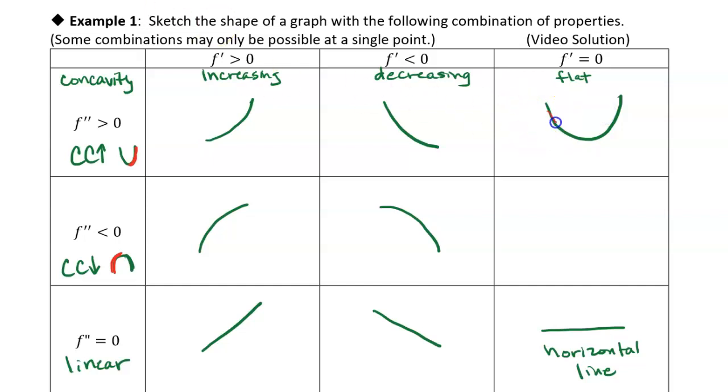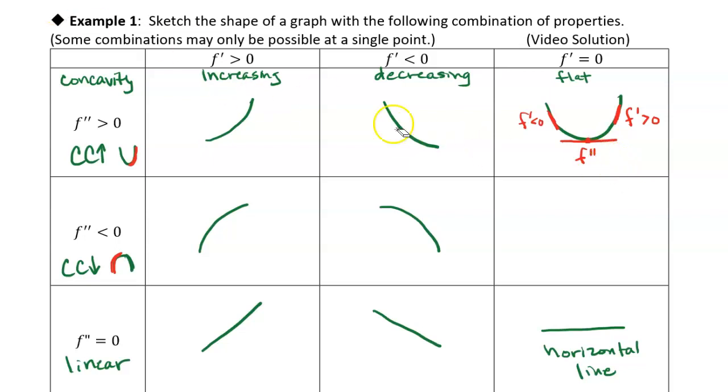Here on this part, f prime is less than 0. Over here, if I look at the tangent line, its f prime is greater than 0 because it's increasing. But down here at the point where it changes direction, we can have the first derivative be 0, but the function at that point is concave up.